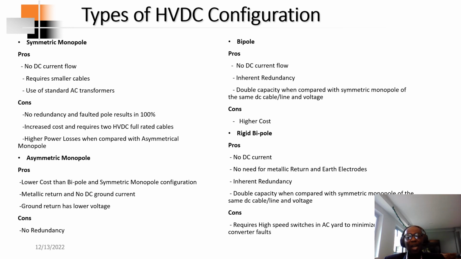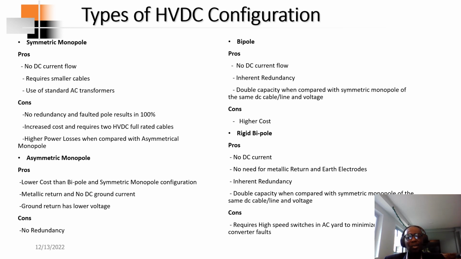Okay, for rigid bipole, similarly, there's no DC ground current. And there's no need for the metallic return and electrodes that are utilized in asymmetric monopole configuration. Also you have inherent redundancy in it, and you can have a double capacity, just like the bipole configuration.